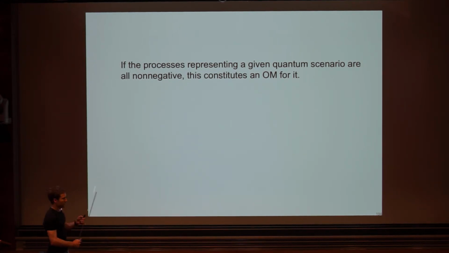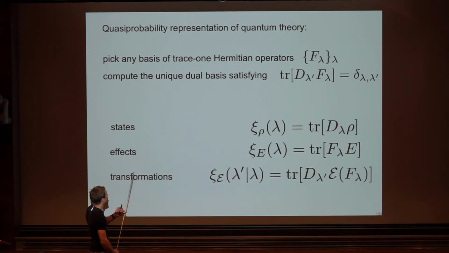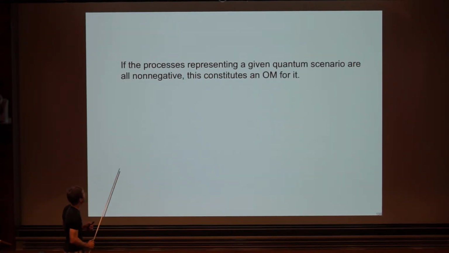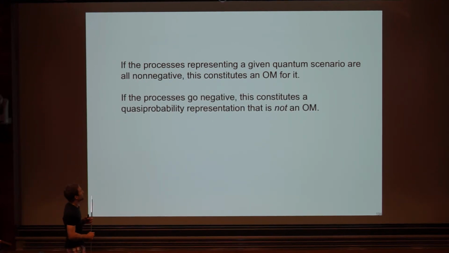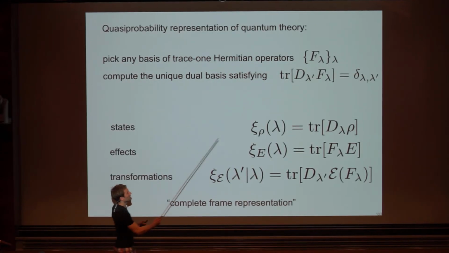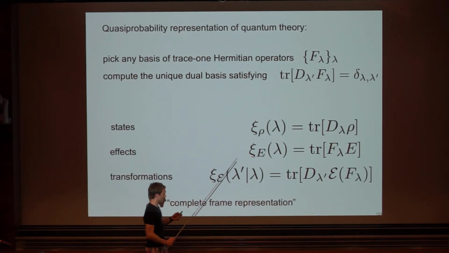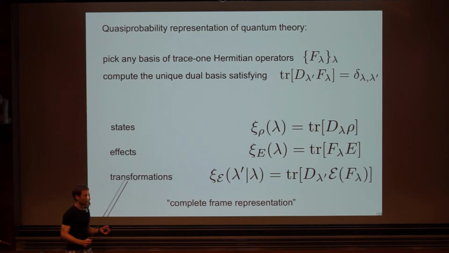And now, if you find such a quasi-probability representation with this kind of structure that we've talked about, where furthermore it so happens that all those matrix elements are non-negative, then, as we've said many times, this will be a valid ontological model. If instead these processes necessarily go negative, for every possible choice of frame, you have to check all the frames. You can't just check one.